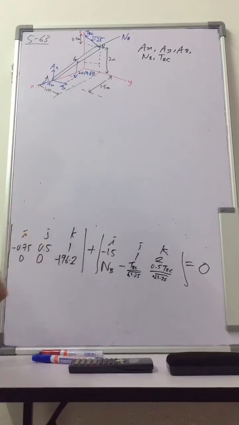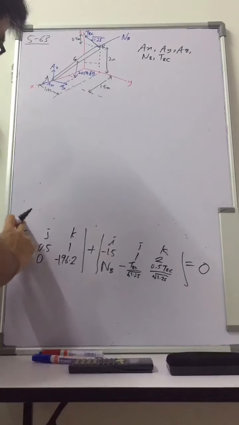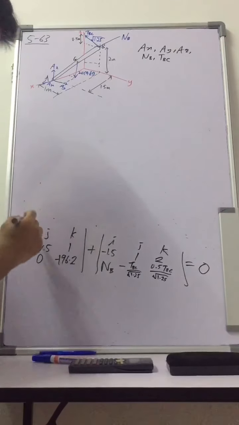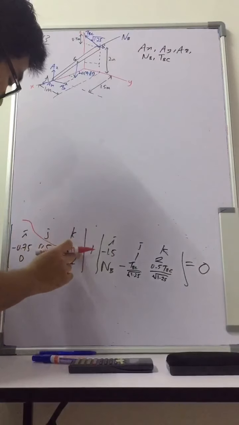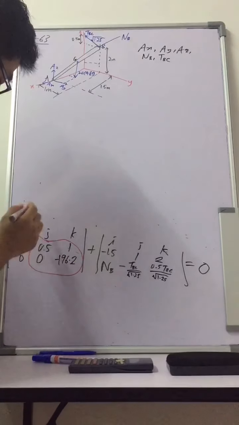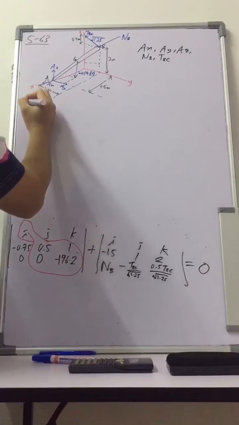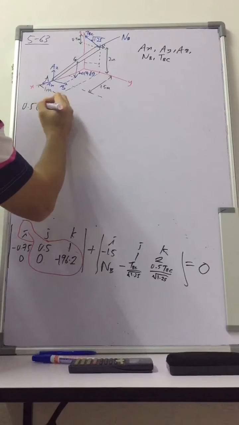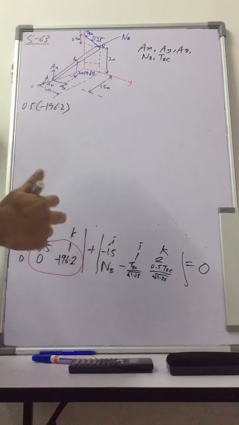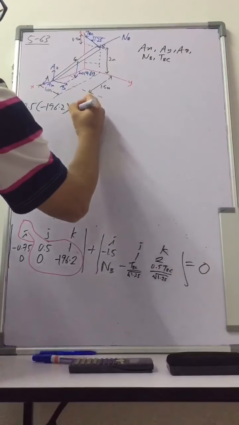So for this one, the X component, the I, will be, you see, take this. Again, this is the basic math. You should be able to go back and understand this. If you don't, please go back and see how to do that. Okay. So the I component will be 0.5 times minus 196.2, okay, this times this minus this 0 I, right?